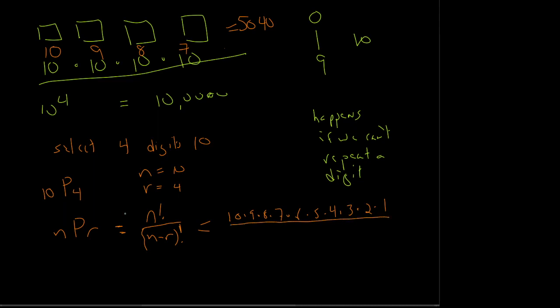Right, because we're using 10, so 10 there. And then 10 minus 4 is 6, and so 6 factorial is 6 times 5 times 4 times 3 times 2 times 1. And so what I've done is I've taken all the possible combinations of 10 digits, and I've divided it by all the possible combinations less 4. But look what happens. Those cancel, leaving me 10 times 9 times 8 times 7.